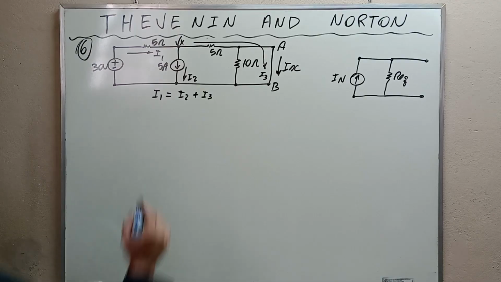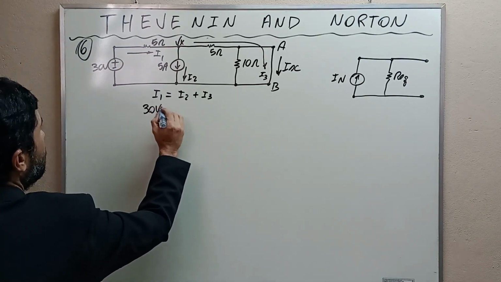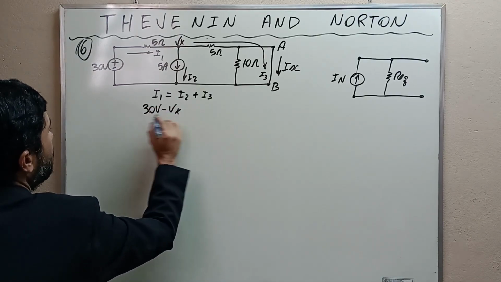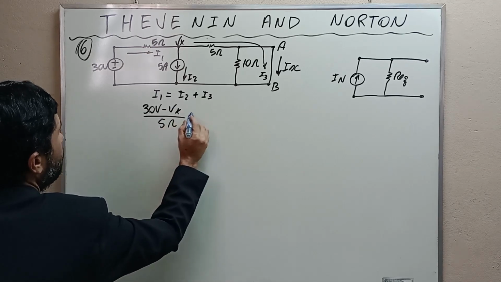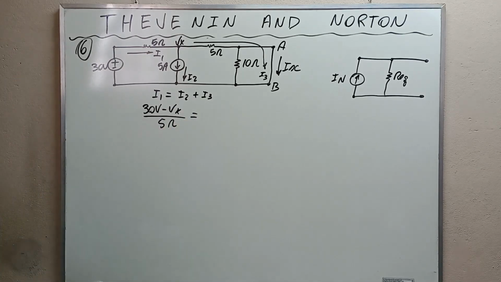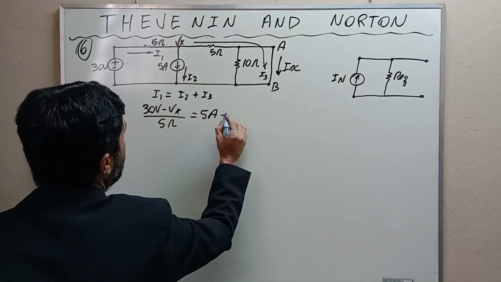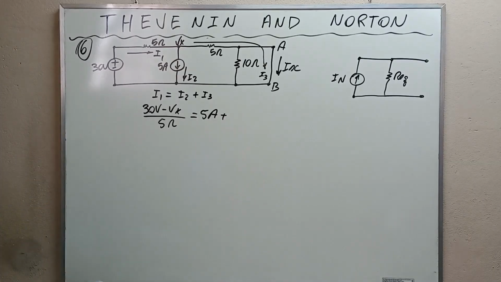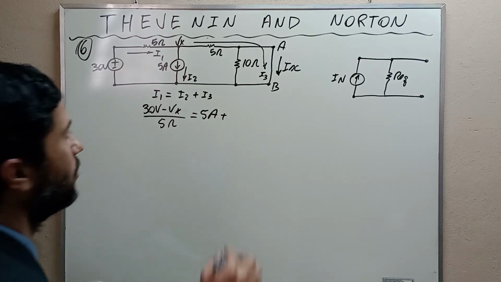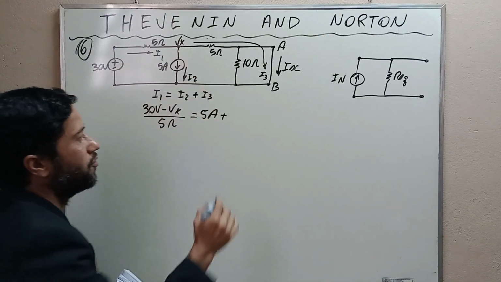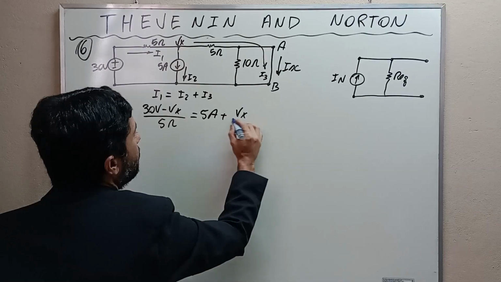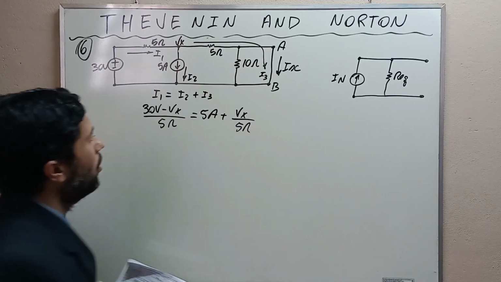I1 is 30 volts minus Vx divided by 5 ohms. And how can we write I2? I2 we already know, and I2 is 5 amps. And how can we write I3? I3 is simply the division between this voltage and this resistance, Vx divided by 5 ohms.